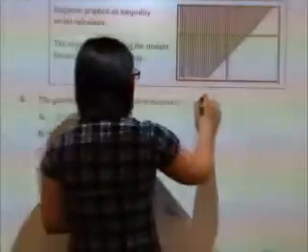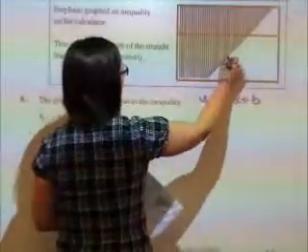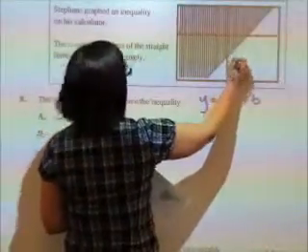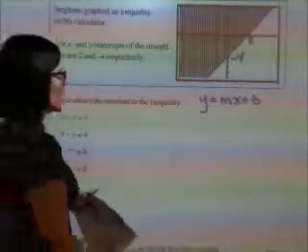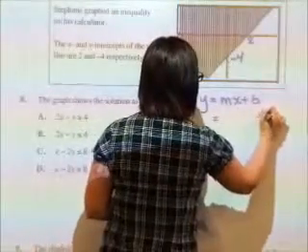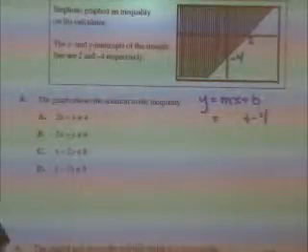This is a y equals mx plus b. And I have that this point here is at negative 4 and this point here is at 2. So negative 4 becomes my y-intercept. And then my slope I can calculate, rise over run.